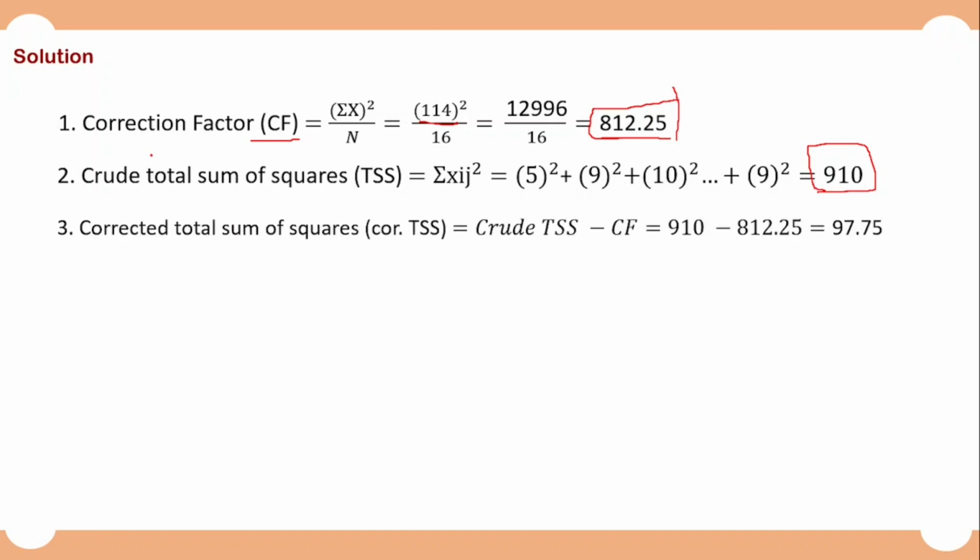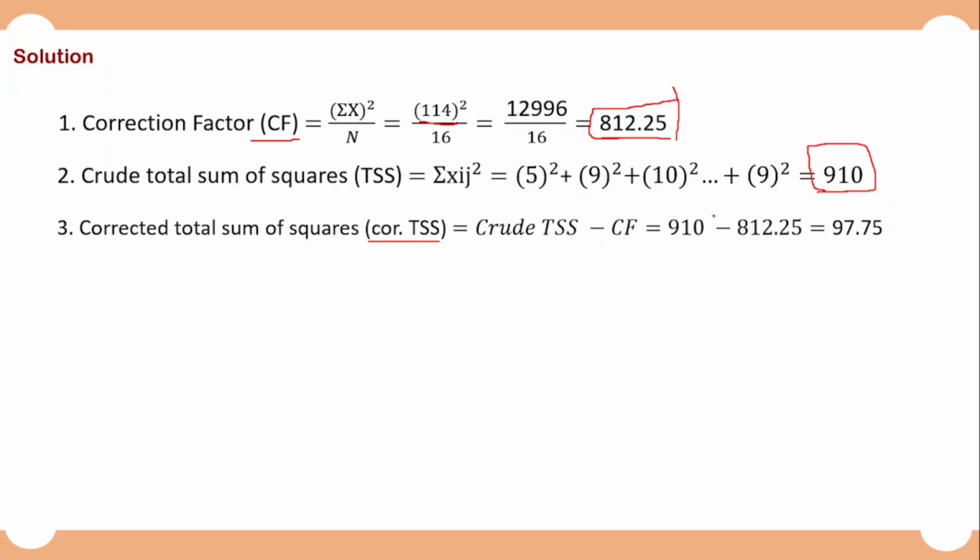The next step is the calculation of the corrected total sum of squares, which you can also call the corrected total sum of square. The formula to calculate the corrected total sum of squares is equal to the crude total sum of squares minus the correction factor.